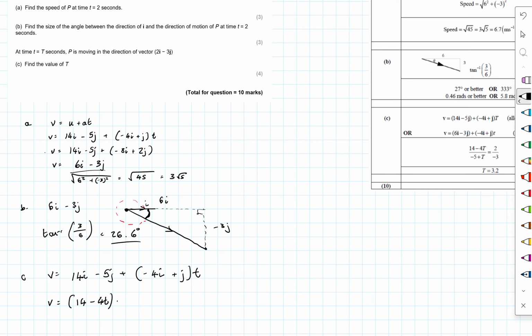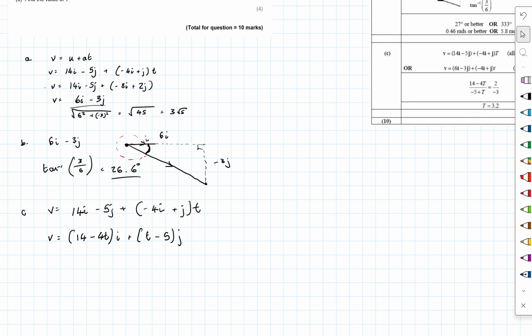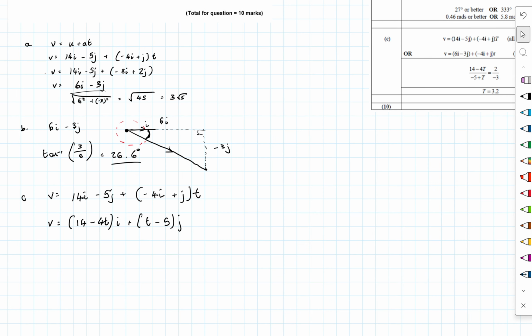This should generally be your instinct when you're working with i's and j's anyway. So we have t minus 5 there, my j component. This is nothing new to you. Now, we want to be in the direction 2i minus 3j. So we want to be like this.